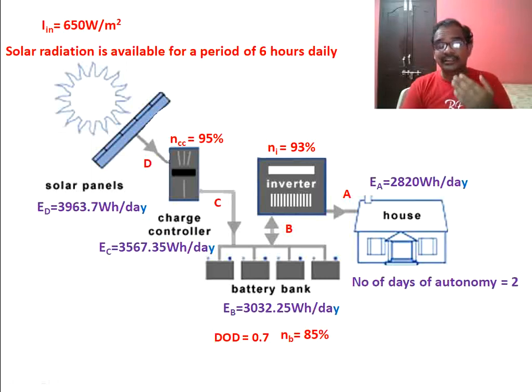But what about the energy supplied to the battery? The efficiency of the battery is equal to the energy storage capacity of the battery divided by the energy supplied to the battery from the charge controller.